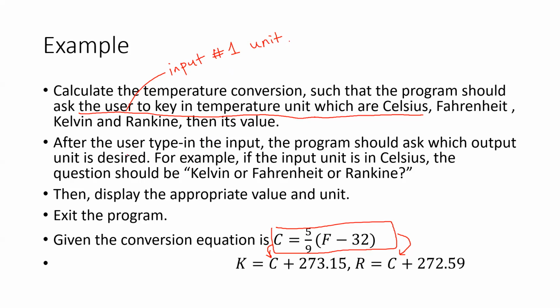And then after the user types in the input, the program should ask which output unit is desired. So input number two, this is your unit. Is it C, F, K, or R? And input number two is your value.